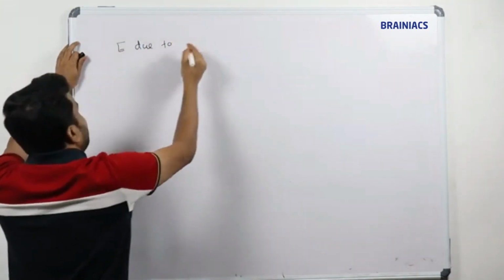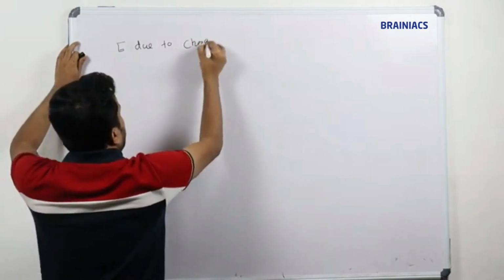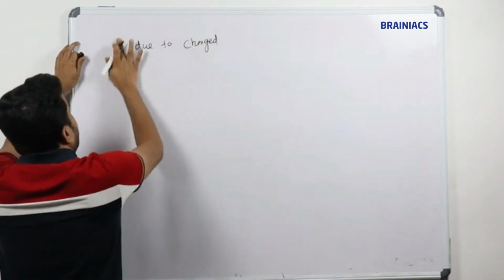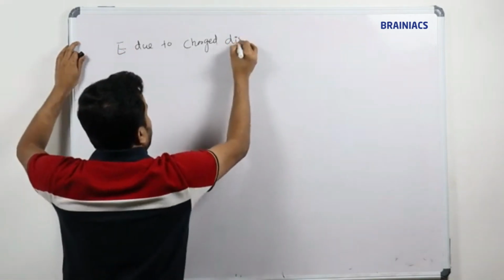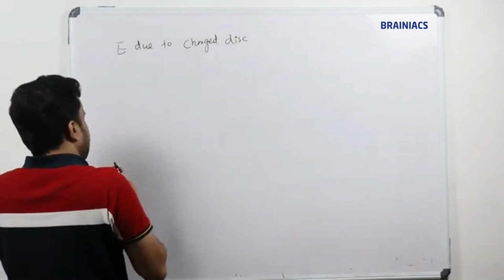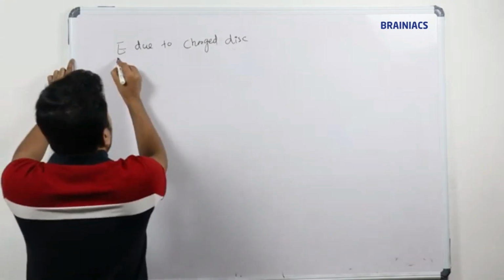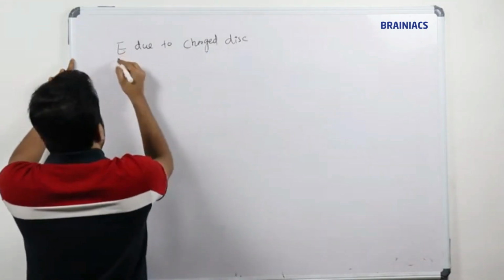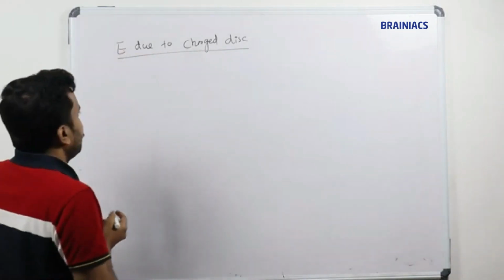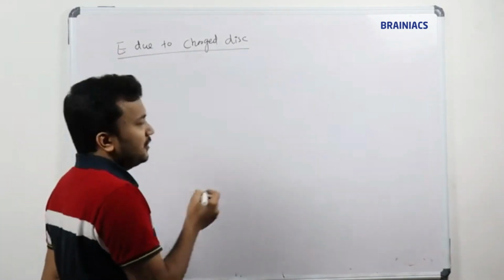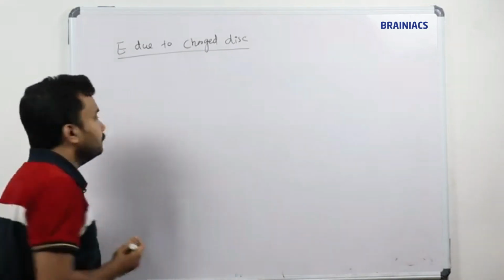Instead of saying disk, we can say charged disk, because when charge is there, only then will an electric field be there, right? So electric field intensity due to a charged disk. This is quite easy, but yes, we'll go ahead.